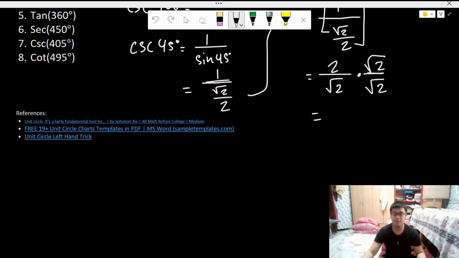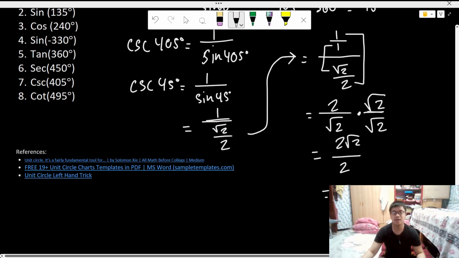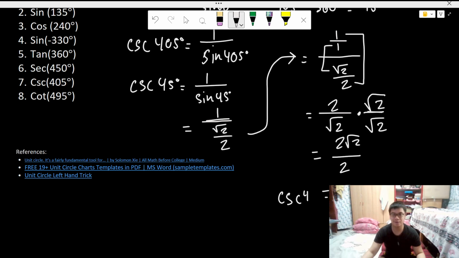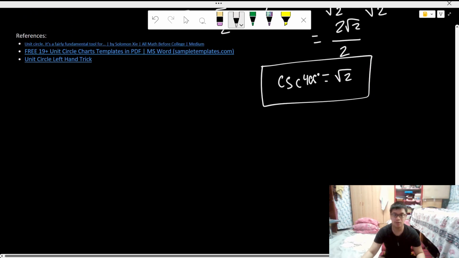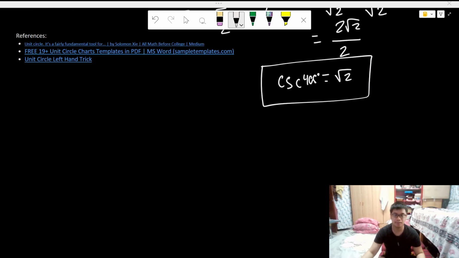So you will have 2 times square root of 2 all over square root of 2 times square root of 2. 2 times square root of 2 is just 2 square root of 2, and square root of 2 times square root of 2 is just 2. We have 2 on both sides, so 2 divided by 2 cancels. Hence, cosecant 405 degrees is equal to the square root of 2. That's it.